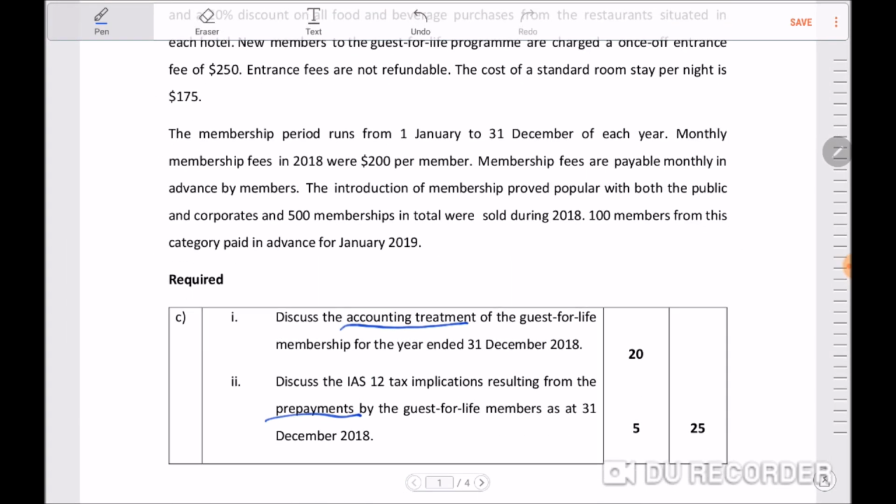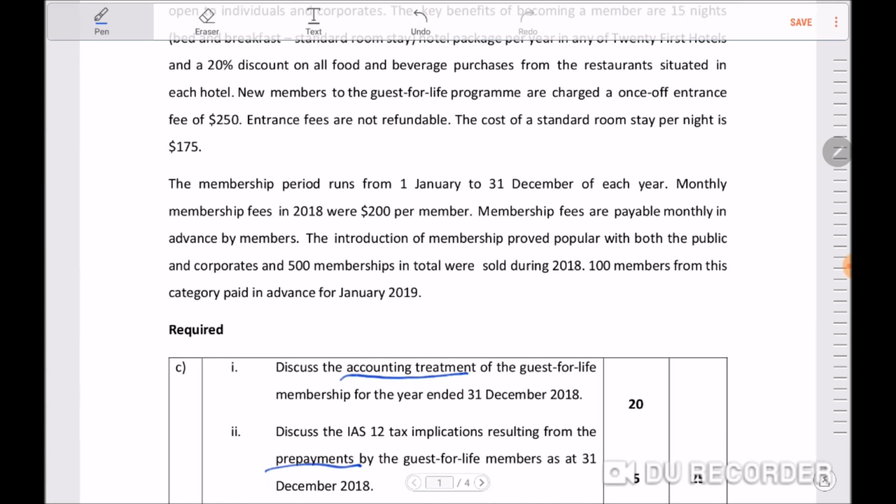So the most appropriate approach to this question was use of the IFRS 15 principles to help us determine the accounting treatment for the guest for life program. So if we go to our IFRS 15, we first of all need to identify whether this guest for life is within the scope of IFRS 15, and it definitely meets the scope.